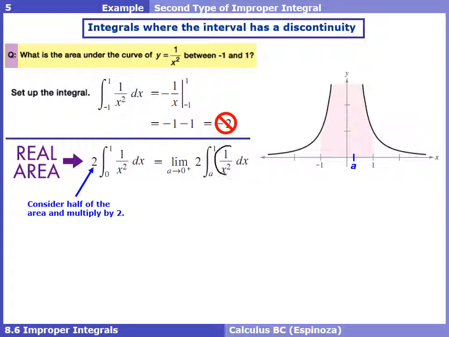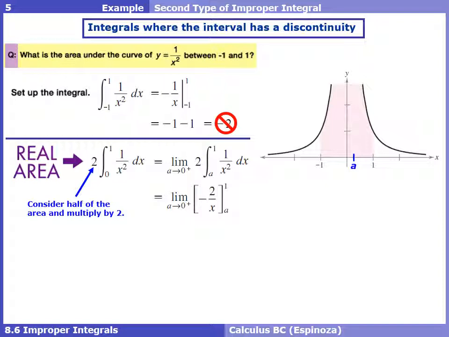We already know what this integral is equal to since we did it above. Keep in mind there's now a 2 in the front. The integral is negative 1 over x, but because of the 2, it'll be negative 2 over x, and then we have our bounds of 1 and a.